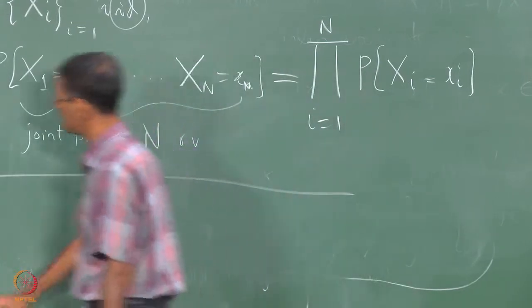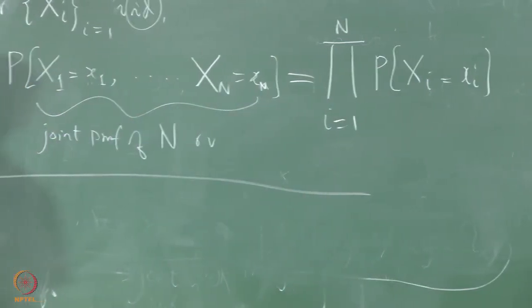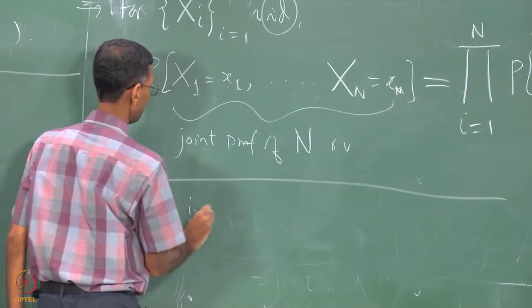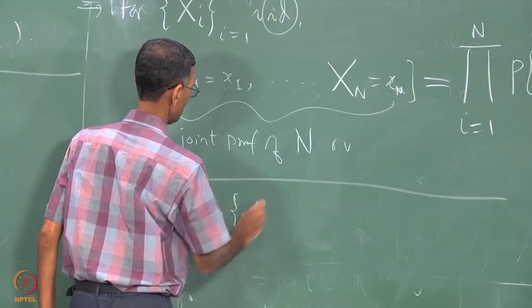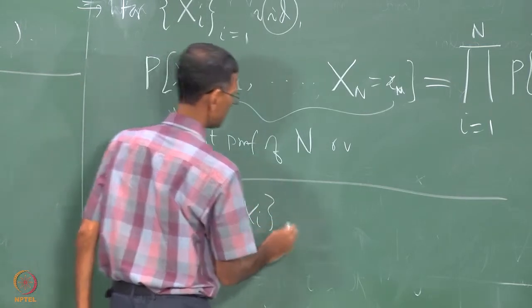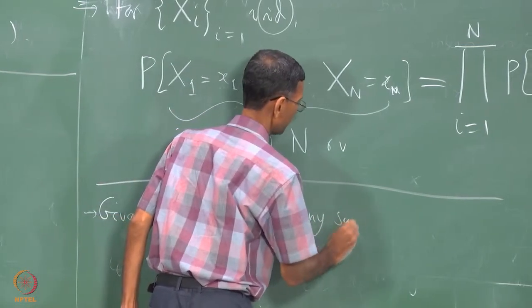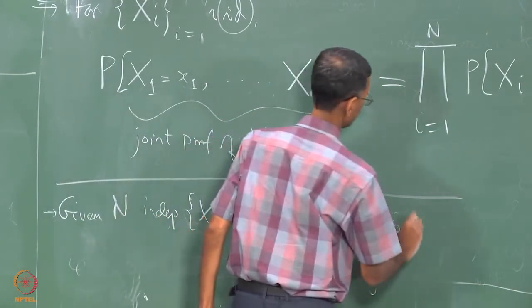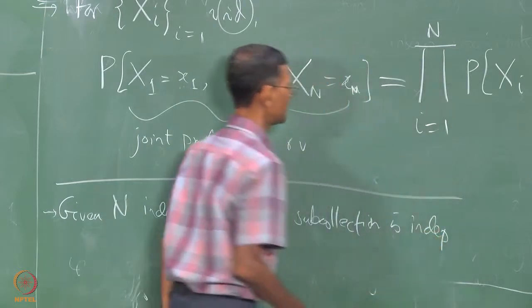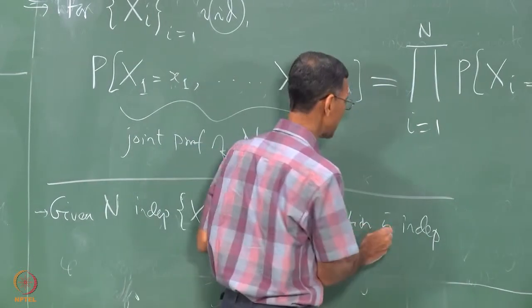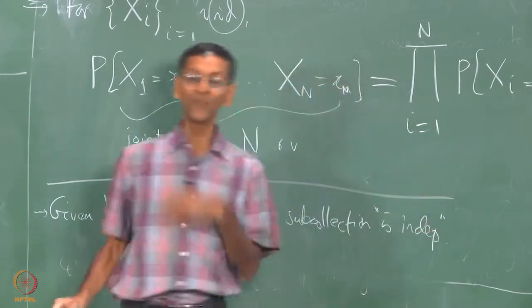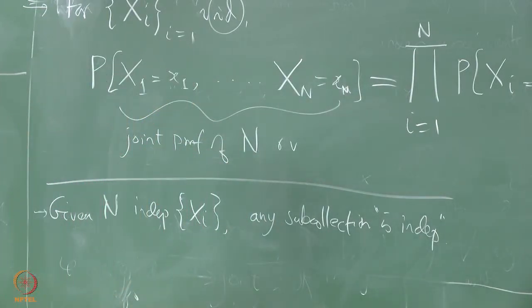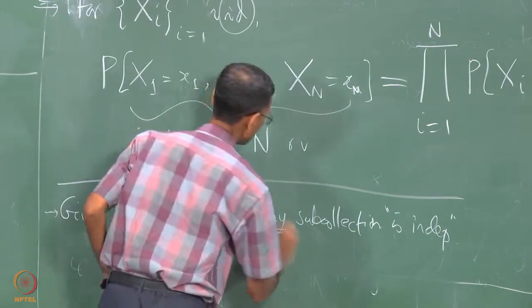So, given n independent random variables, not necessarily IID, when I say independent, I mean any sub collection also contains independent random variables, any and every sub collection. The point is any.